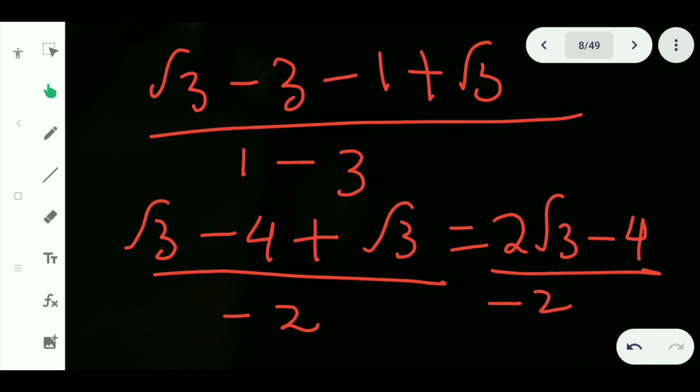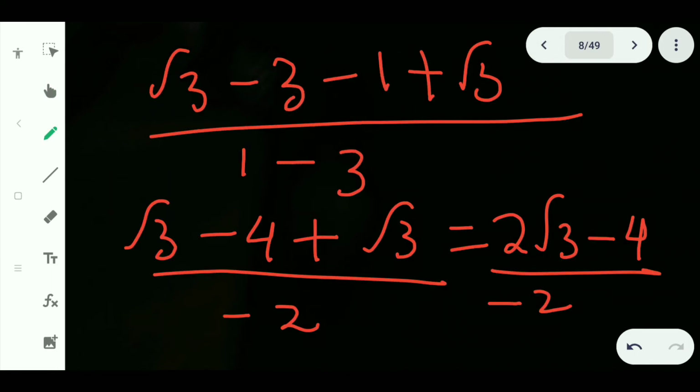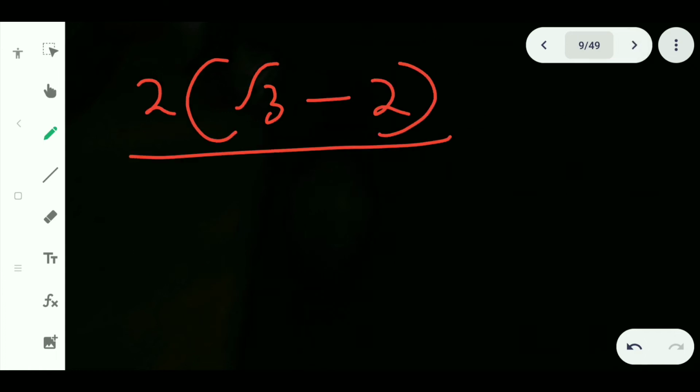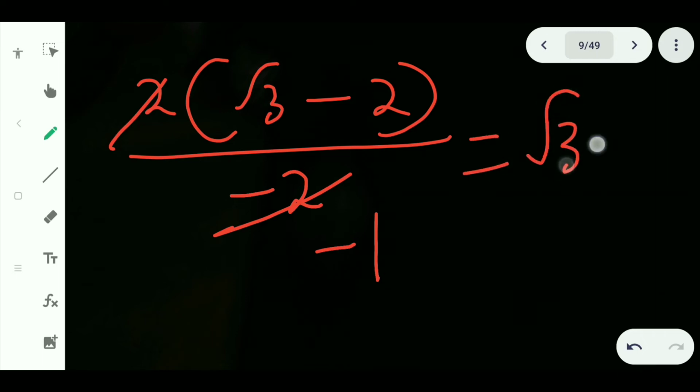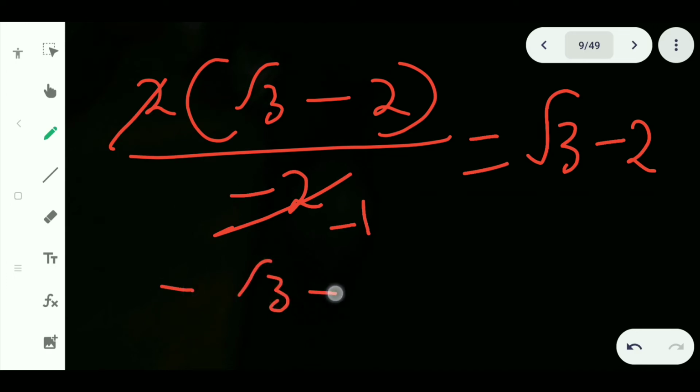Here we can take 2 common, 2 into root 3 minus 2, divided by minus 2. 2 ones are 2, 2 minus 1s are minus, so we get minus of root 3 minus 2, divided by 1.